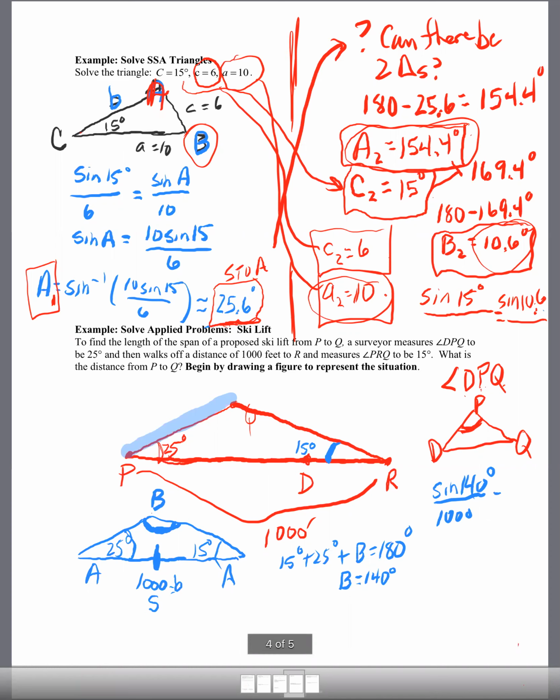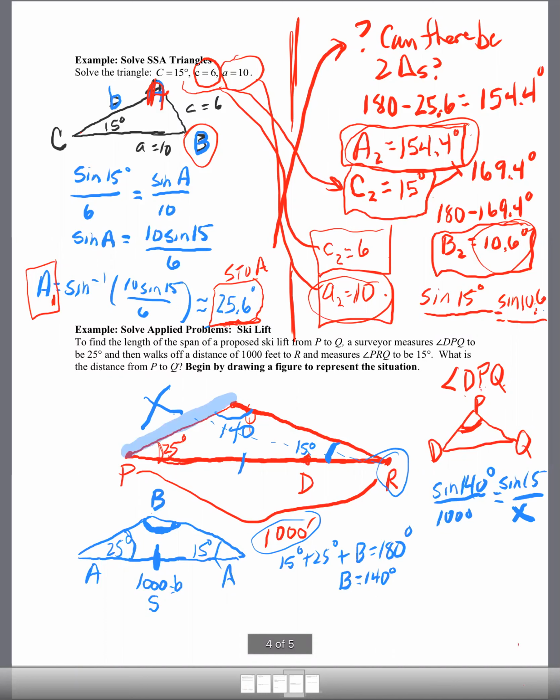And that should equal to, so in our triangle, we have this 140 degree angle. We had the side right here of 1,000. I'm looking for this piece right here. He's across from angle R. So angle R was given to us as a 15 degree angle. So this would be the sine of 15. I'm just going to leave that as an X over there for the side between P and Q.